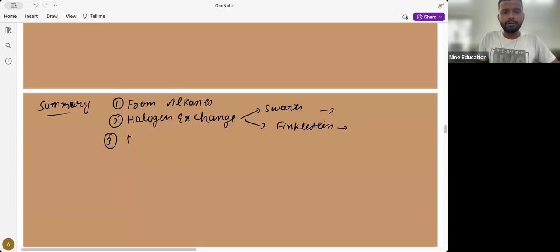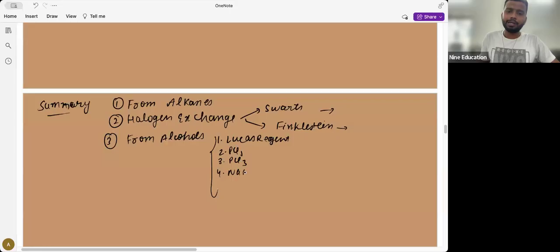Third, we made them from alcohols. From alcohols we use Lucas reagent. We use different reagents like PCl5, PCl3, NaBr, KBr. Again repetition, I am doing all the same things, beta. We have SOCl2. We use SOCl2 plus pyridine.